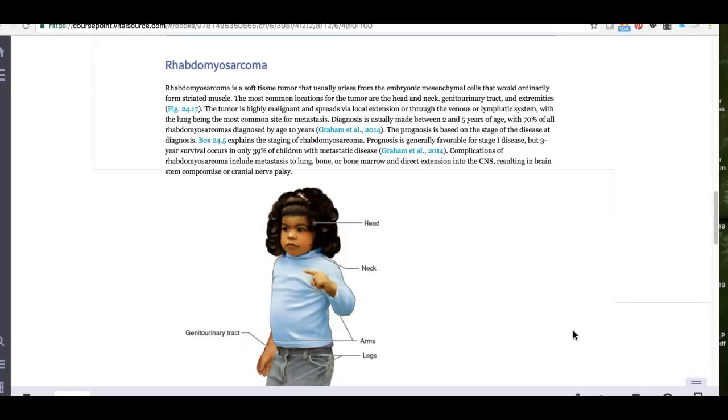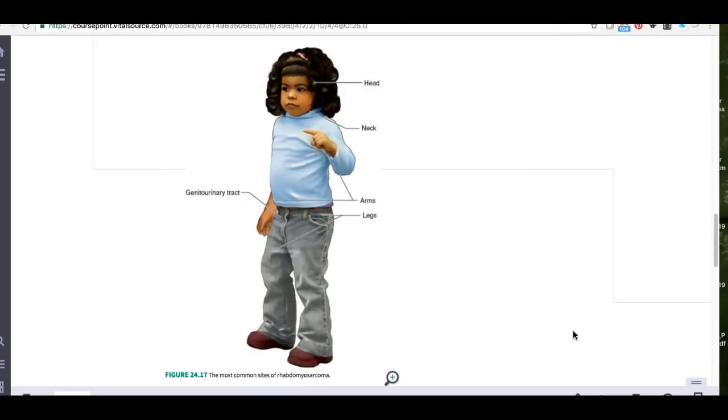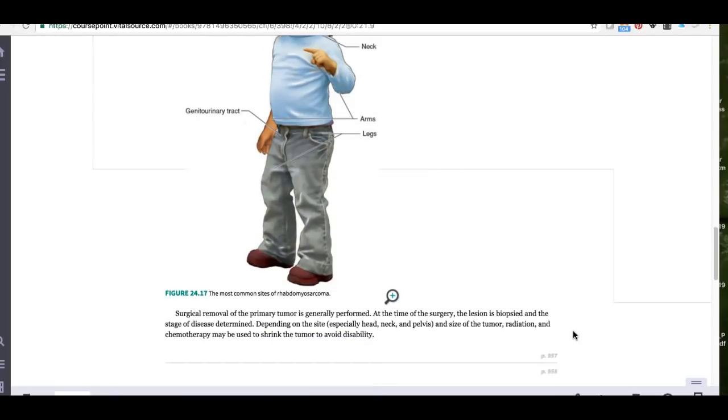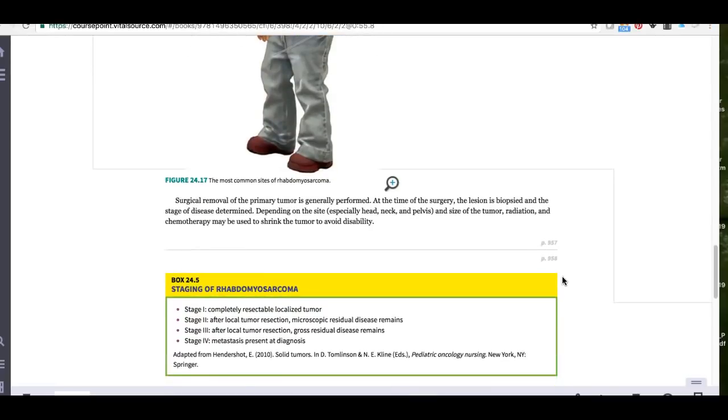So these are normally seen in younger kids. Chemotherapy, surgical removal, sometimes, if they can make sure that it's contained enough to get in there and think that they got everything. It just depends on the site. Chemotherapy most always.